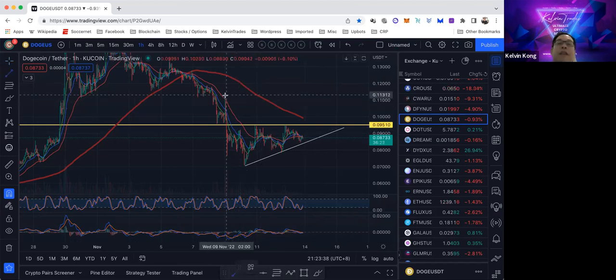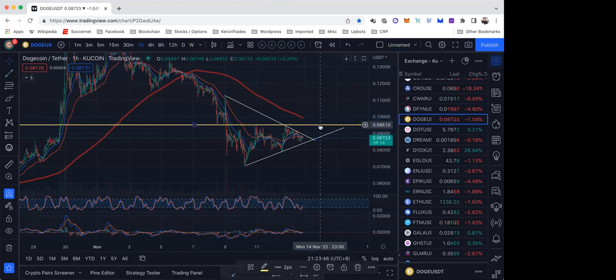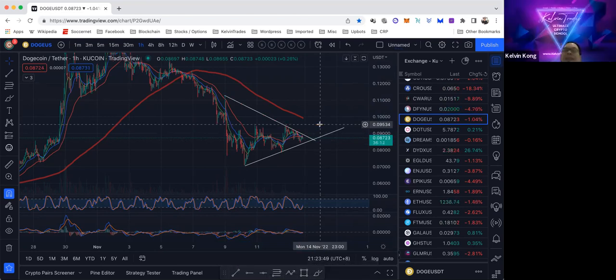Maybe I draw this. Then there's a wedge? That's a wedge, but no, that's not a wedge, if I take away the yellow line. What is this?